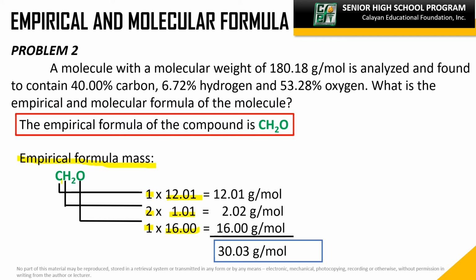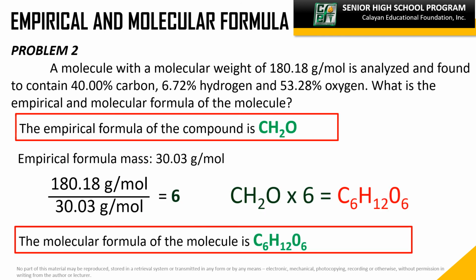So 1 times 12.01, you get 12.01 grams. 2 times 1.01, you get 2.02 grams. 1 times 16, you get 16 grams. By adding these 3, you'll get an answer of 30.03 grams per mole.